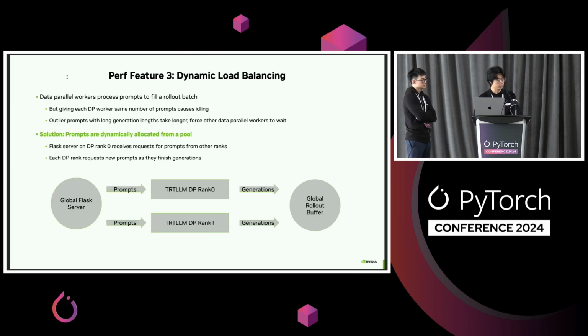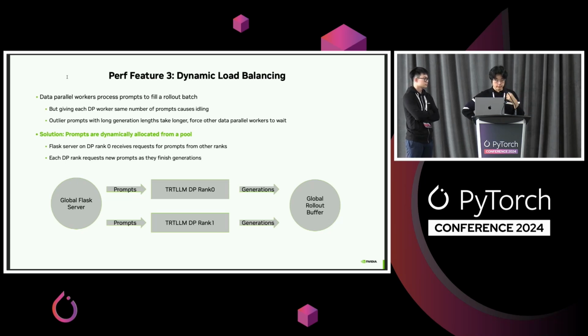The last really important perf feature that I have is how we handle load balancing. Typically when we run at scale, we run with some amount of data parallelism. This means taking the input batch and sharding it evenly across some data parallel workers.